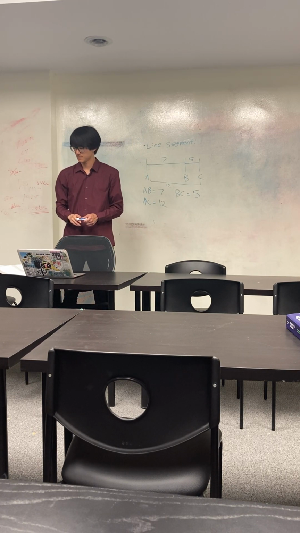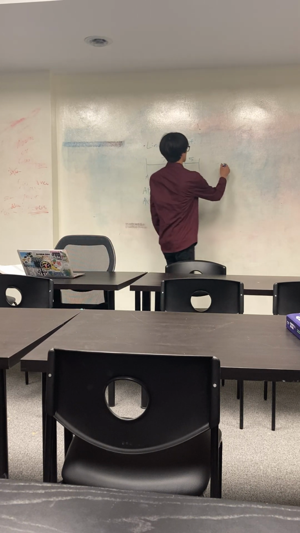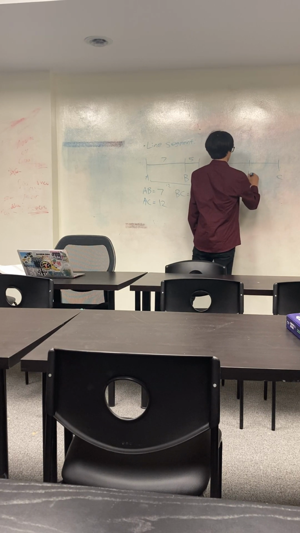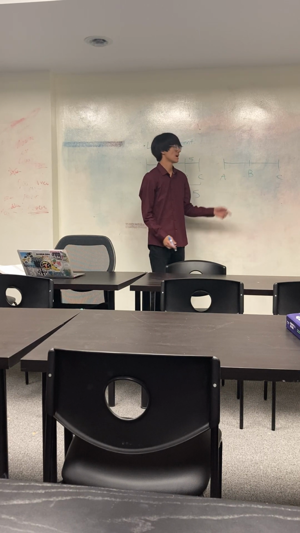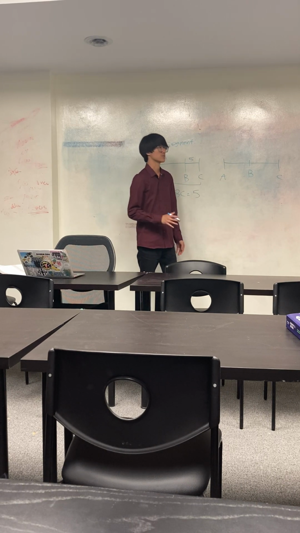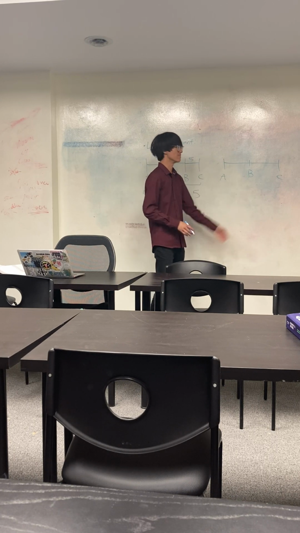And sometimes you'll see something like this where you have a line segment. Let's call it A, B, and C again. And B is perfectly in the middle of the segment. Obviously, this is just a drawing, so my drawing's not perfect, but you might see a question where B, or a point, is directly in the middle of the line segment.